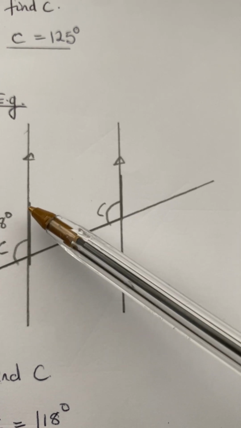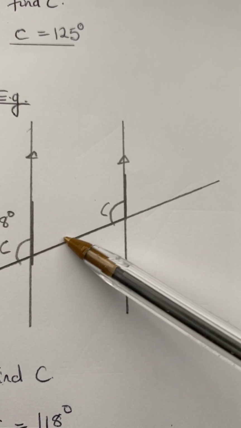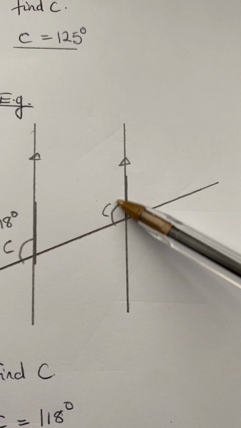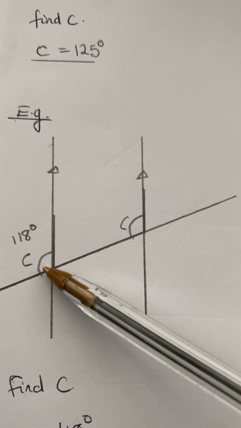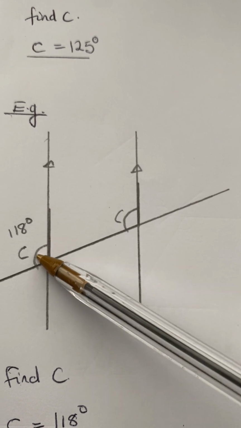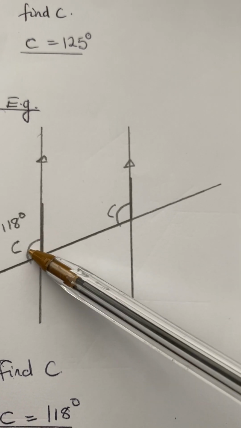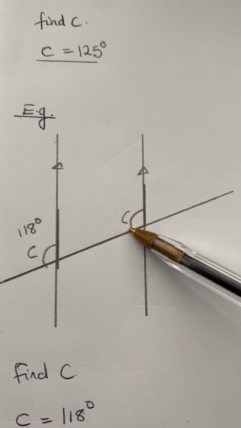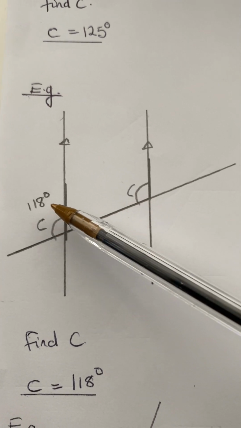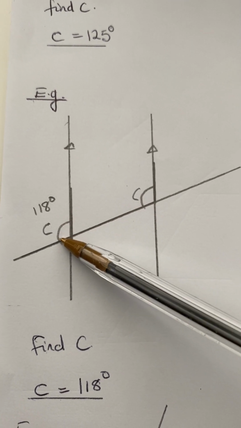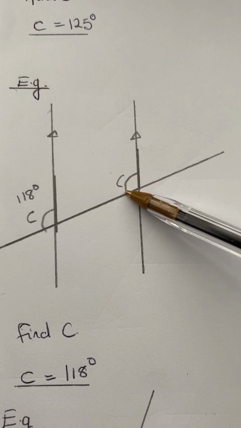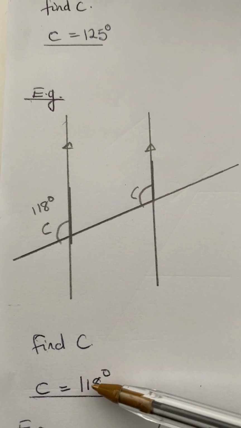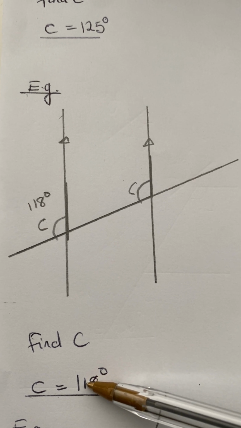Look at the notes carefully, there and there. Now we know this angle. From what we have been learning today, this angle is equal to that angle. So this angle is 118, that angle will also be 118. So C here is 118.